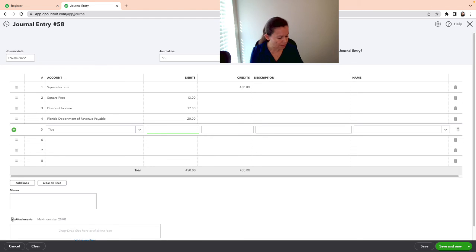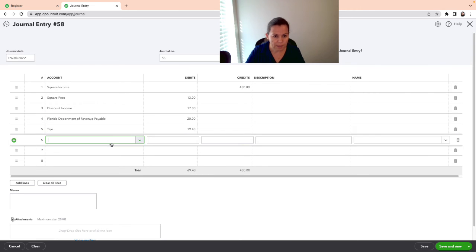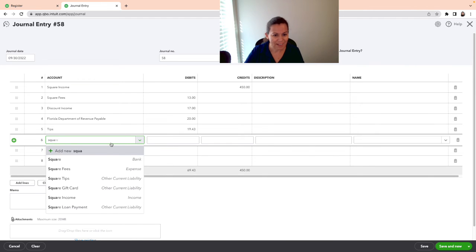But here I'm just making up numbers. So right now I'm at $400 minus 380.57, which means I have $19.43 of tips. And then finally, I deposit this money into the Square Bank, right?